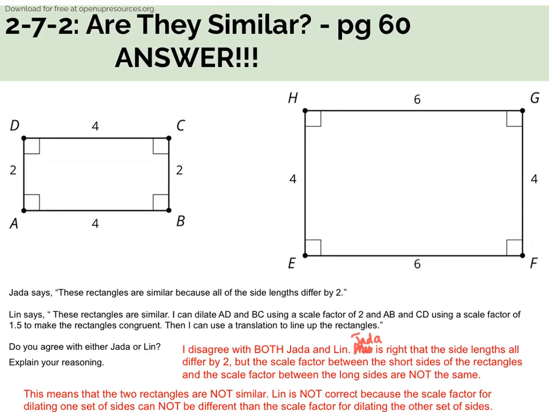Because we don't have the same scale factor, the 2 rectangles are not similar. And Lynn is not correct because the scale factor for dilating one set of sides cannot be different than the scale factor for the other set of sides. So again, your scale factor has to be the same all the way around for something to be similar.